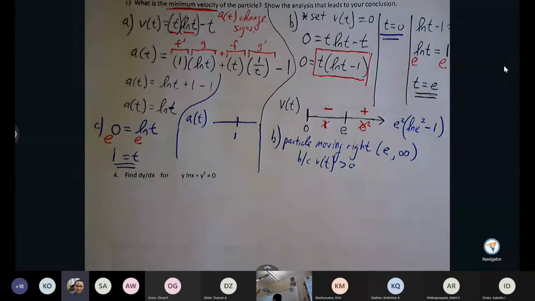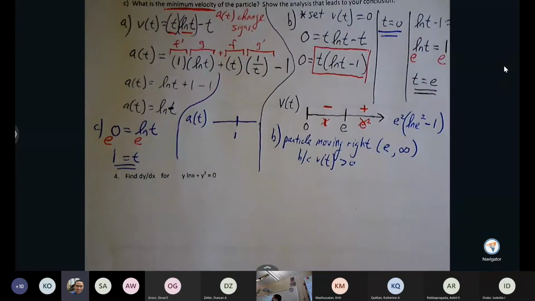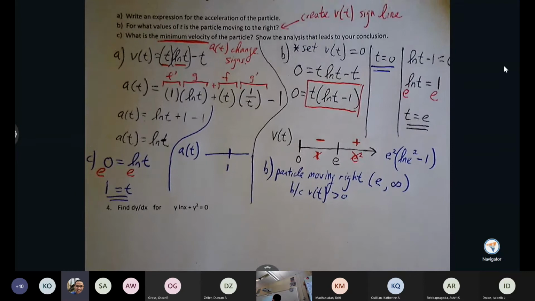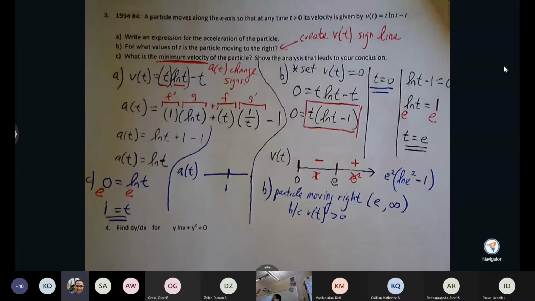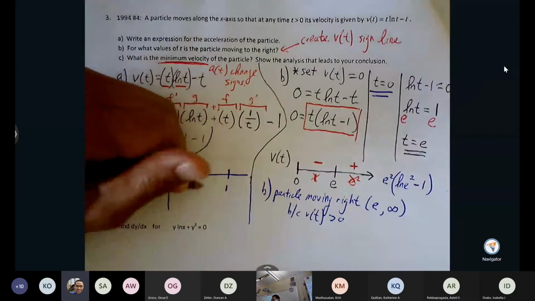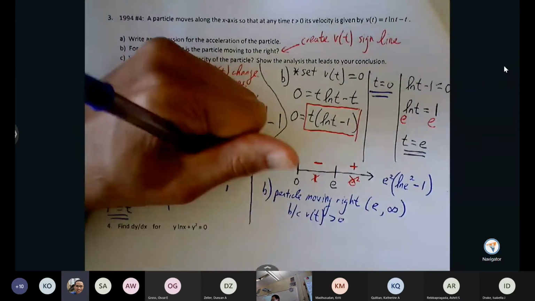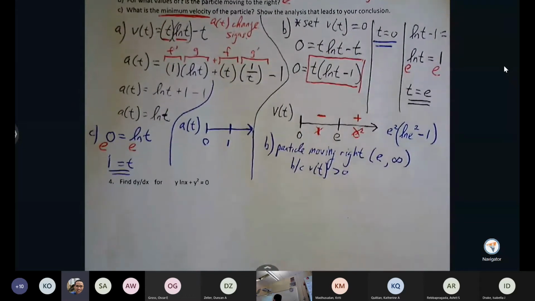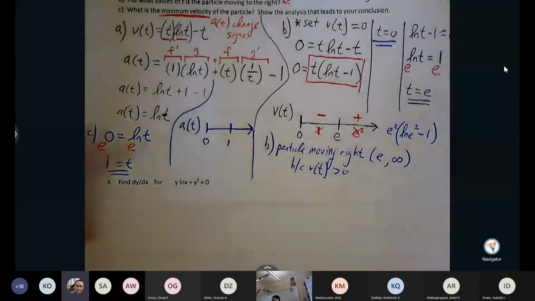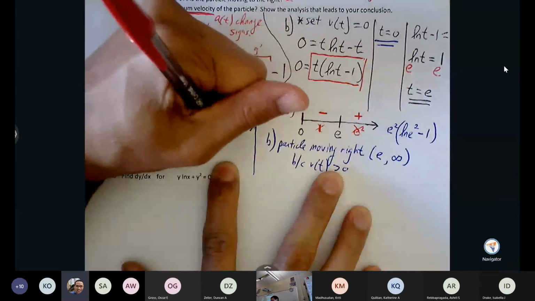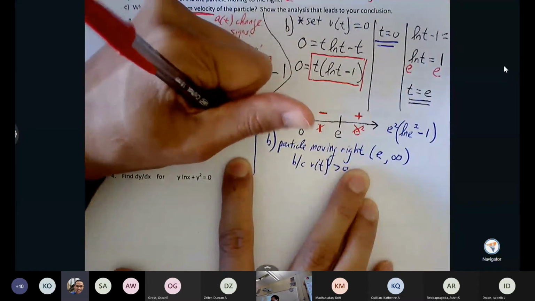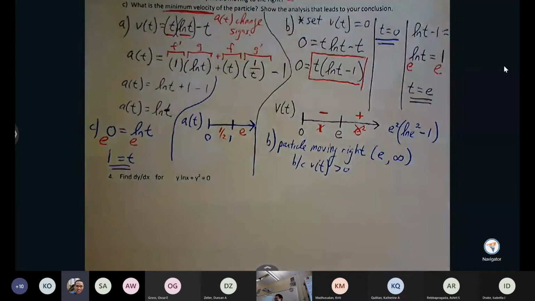Is there another value we should put onto the acceleration sign line? Yeah, it's a starting point, right? It's nice to have a starting point here. Right. Choose values, test against the acceleration function. I'll choose 1/2. And to the right of 1, I can choose 2, but I like to choose something in terms of e to make it easier.